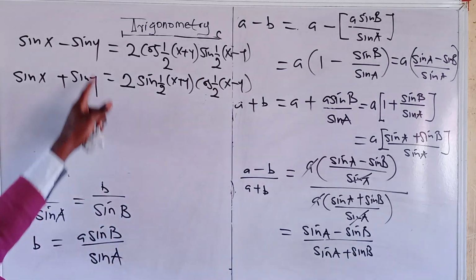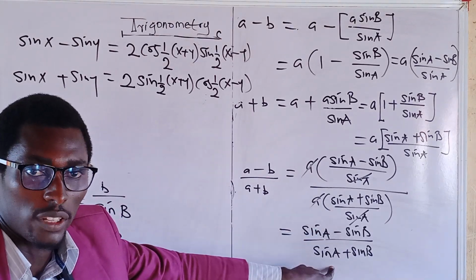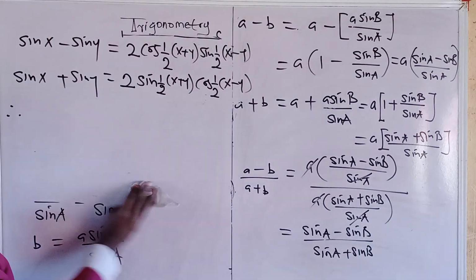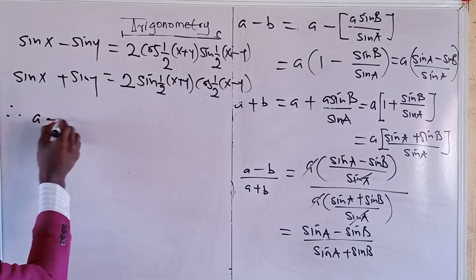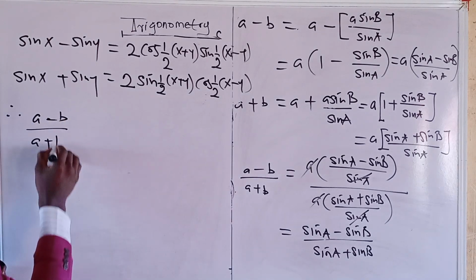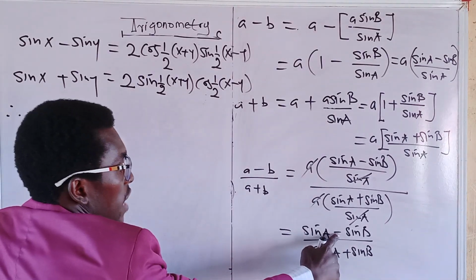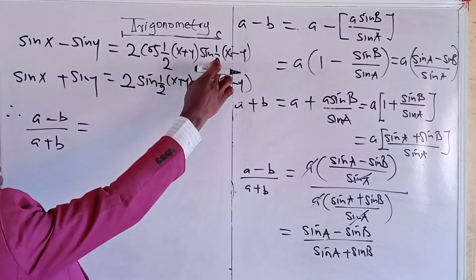So with these two results, we shall replace this numerator and denominator. Therefore, (A minus B) over (A plus B) can be written, in place of this sine of A minus sine of B, we can represent this by the product version. This is a product version, all right?